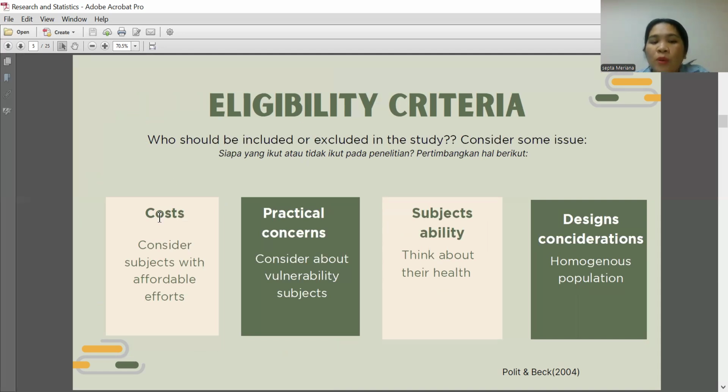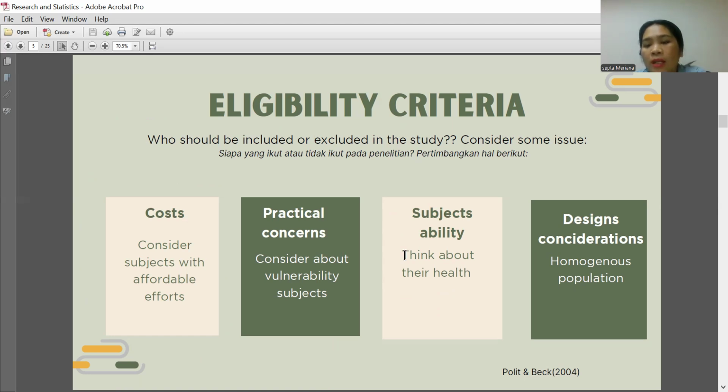No, right? So we must consider subjects with affordable efforts. The second one is practical concerns. We must consider the vulnerability of the subjects, for example pregnant women and children. The subject's ability: think about their health, maybe patients in the ICU room, patients with mental health problems.